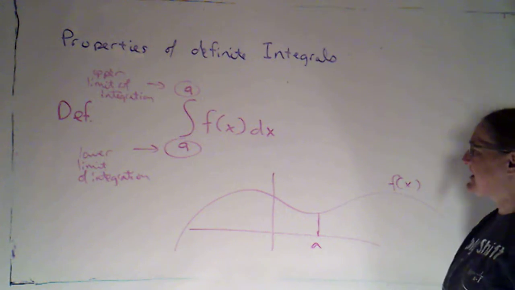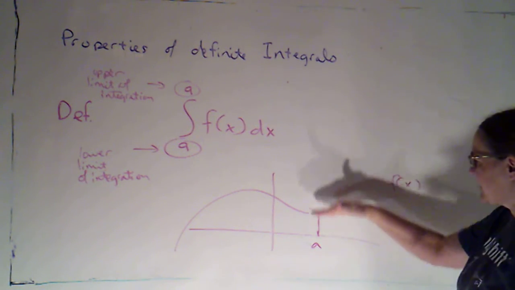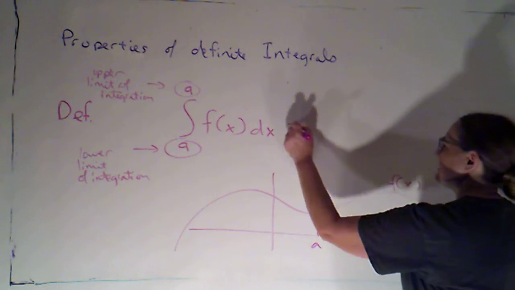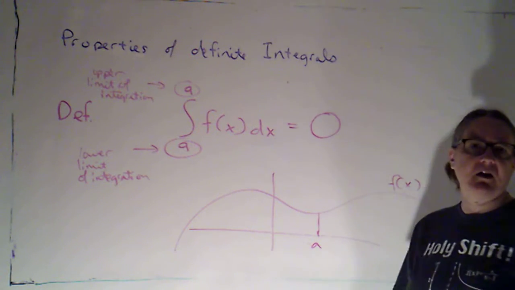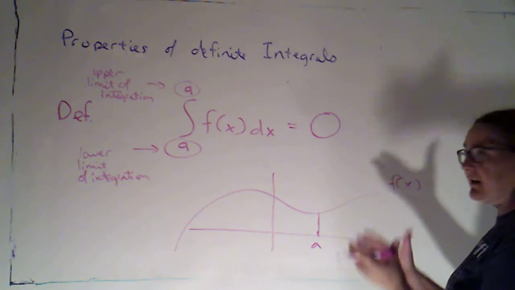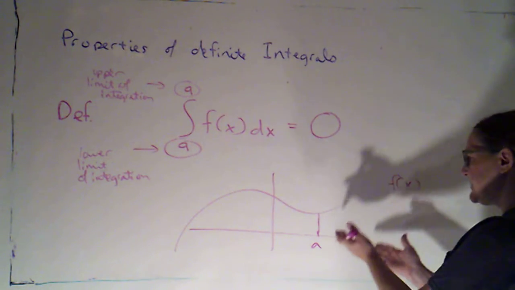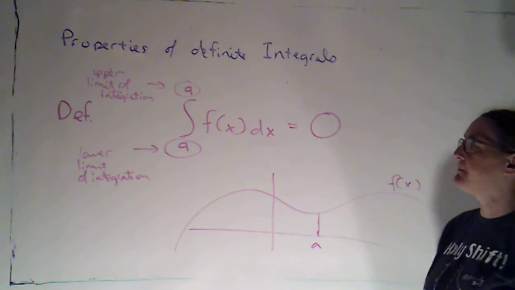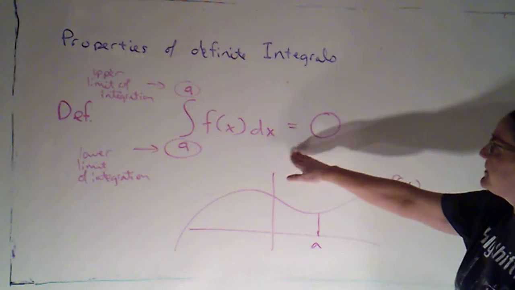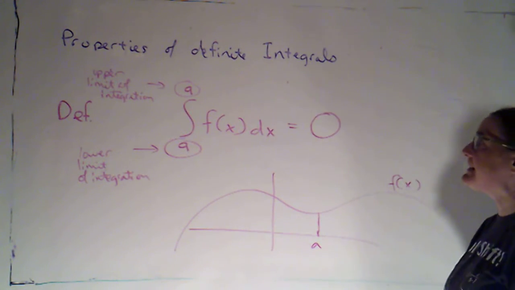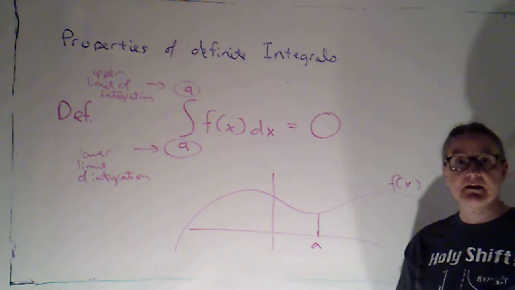So if I'm thinking of this as the signed area between the curve and the x-axis, that really ought to be 0 because it's a degenerate rectangle. I don't care how big the height is. If I multiply it by a base of 0, that's taking up 0 two-dimensional space. Okay. So that is a definition. If my limits of integration are the same, we say the integral is 0.